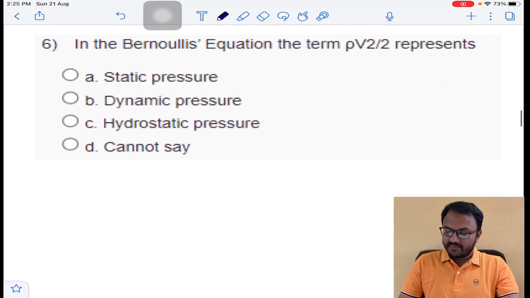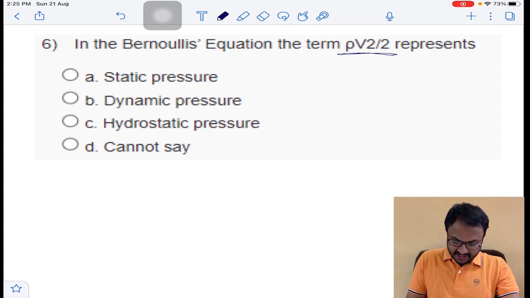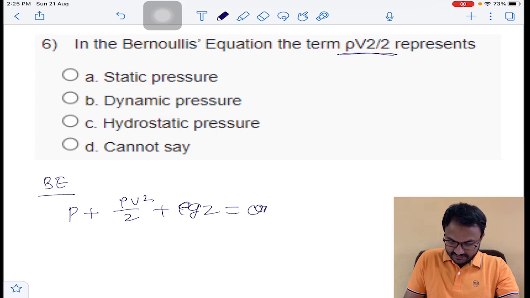Next, in the Bernoulli's equation, the term rho v square by 2 represents. You can see in Bernoulli's equation there are 3 terms: P plus rho v square by 2 plus rho g z is equal to constant.